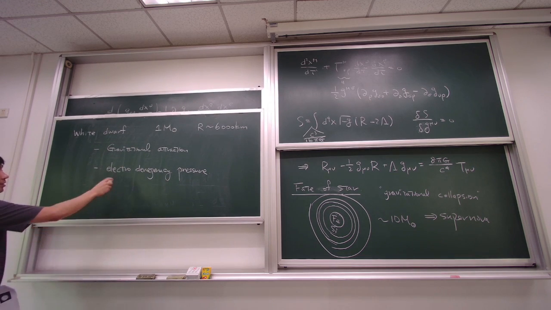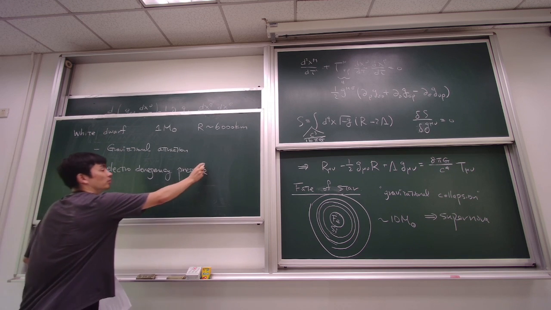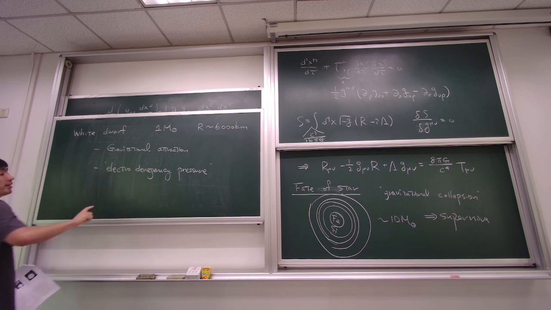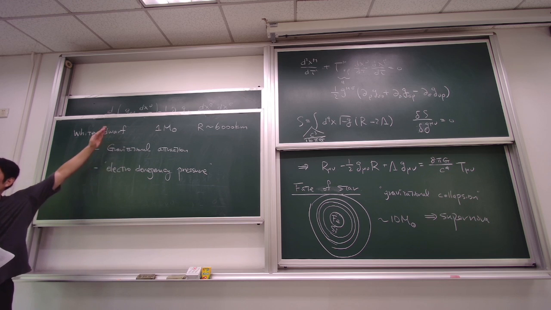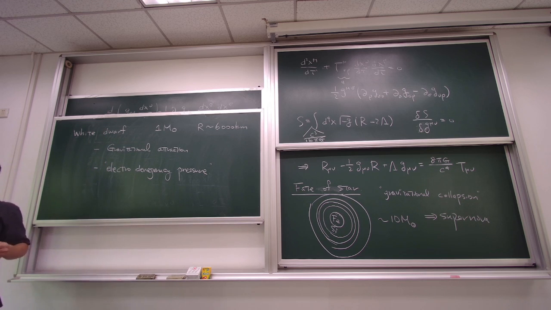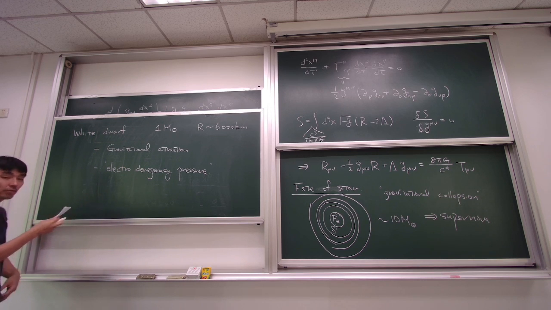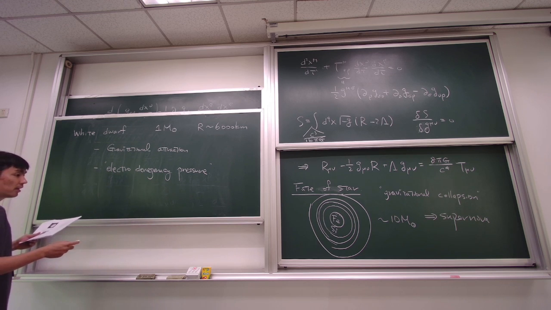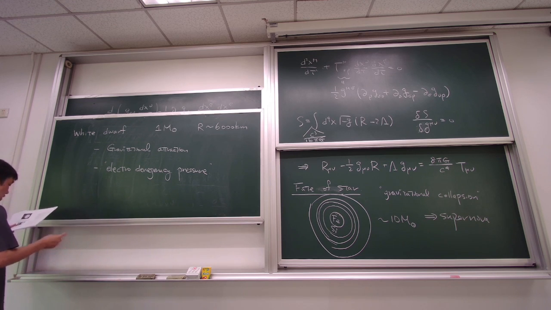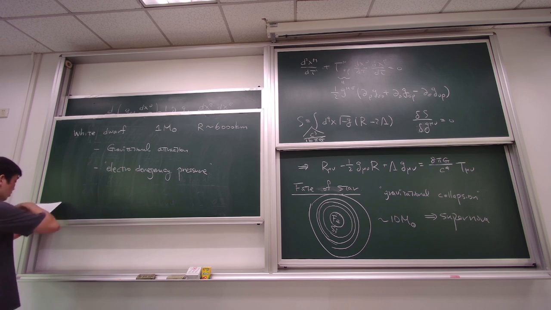Let's estimate how much this electron pressure is, and when these two forces become equilibrium. Okay? Let's make an estimate. That's what Chandrasekhar did a long time ago, when he was 19 years old, on the ship from India to England.